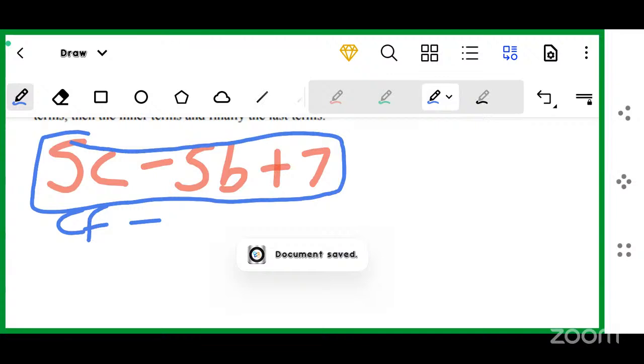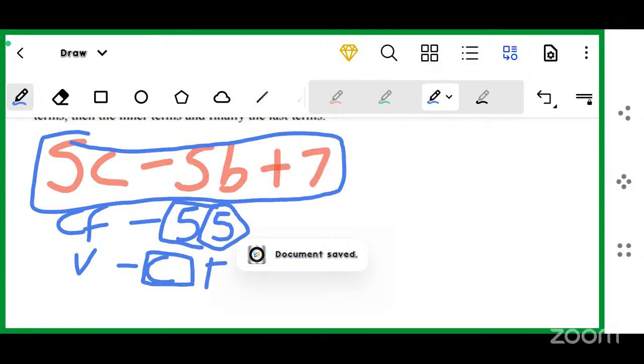Ma'am, 5 and another 5. Perfect, the two 5s. Okay, what do you think are our variables? Ma'am, is it c and b? Perfect, it's c and also b.